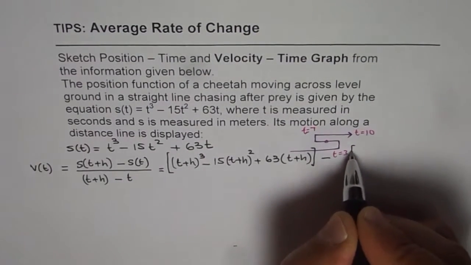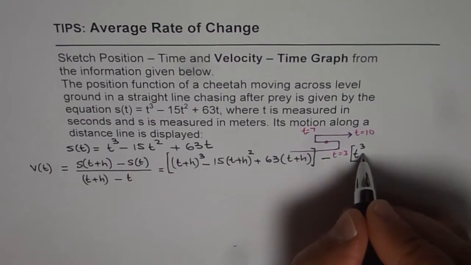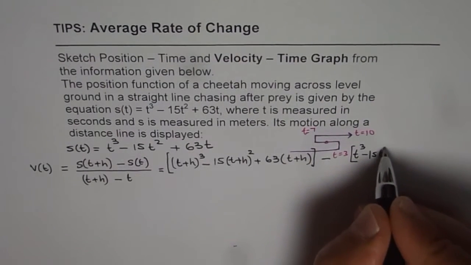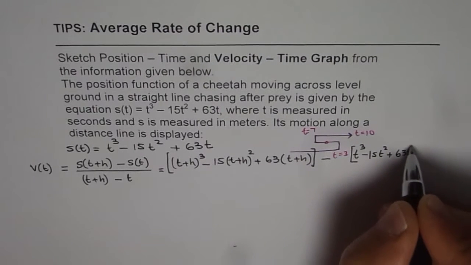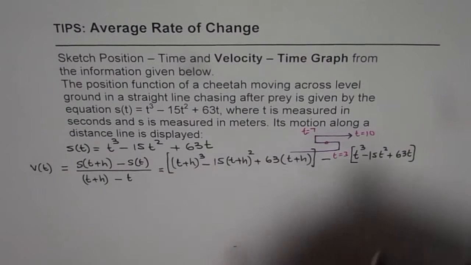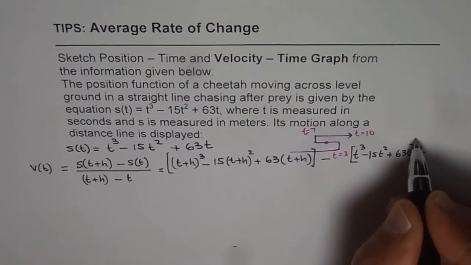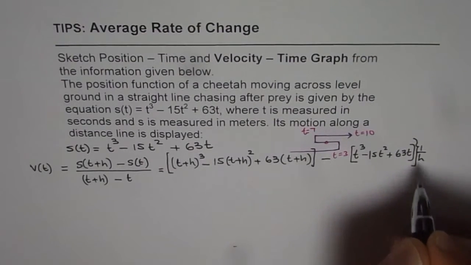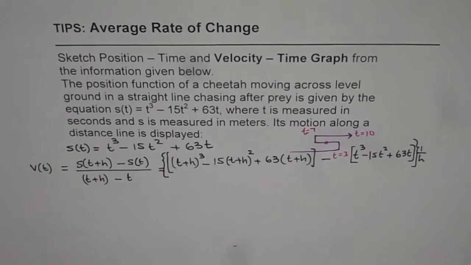Take away s of t, which is t cubed minus 15t squared plus 63t, right? Divided by t plus h minus t, which is h. So we can say everything is multiplied by 1 over h. Let me put a bracket here, so all this is the numerator. So that's how we get our equation.